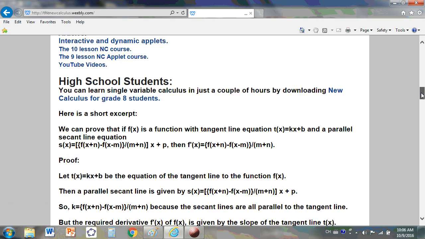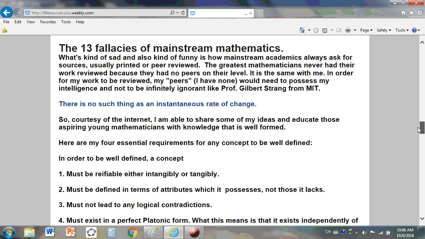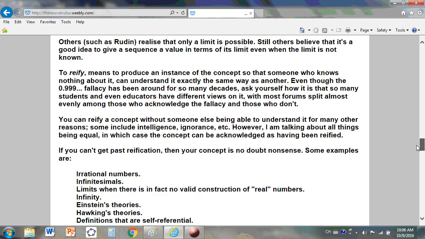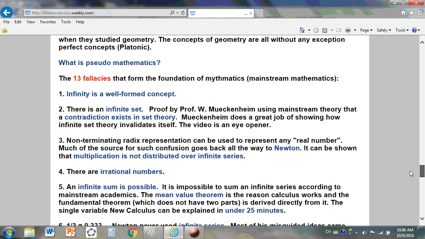And over here you will learn real mathematics, and you will see the 13 fallacies being exposed. You will see the ideas that brought nothing but confusion and chaos to mathematics. So what is pseudo-mathematics? Well, a false concept is that infinity is well-formed. Infinity is not a well-formed concept. There is no such thing as an infinite set.